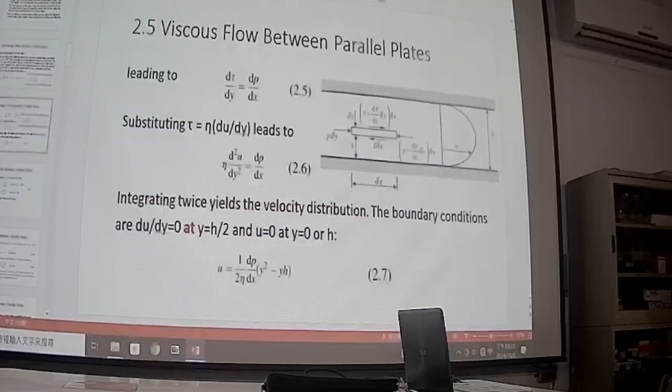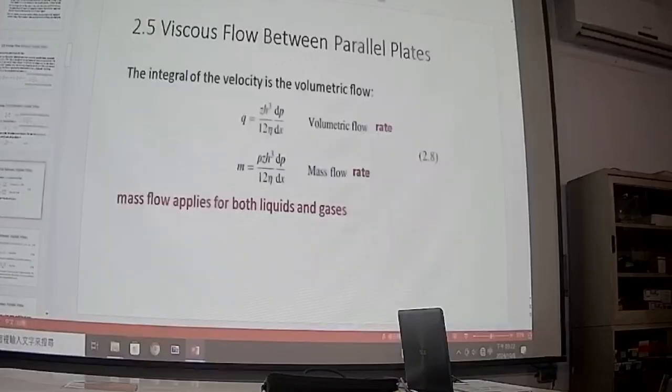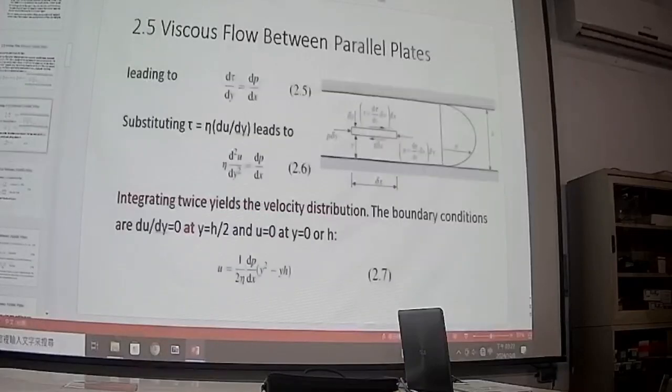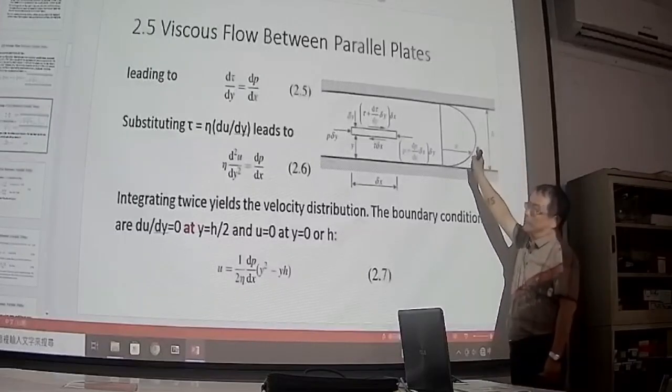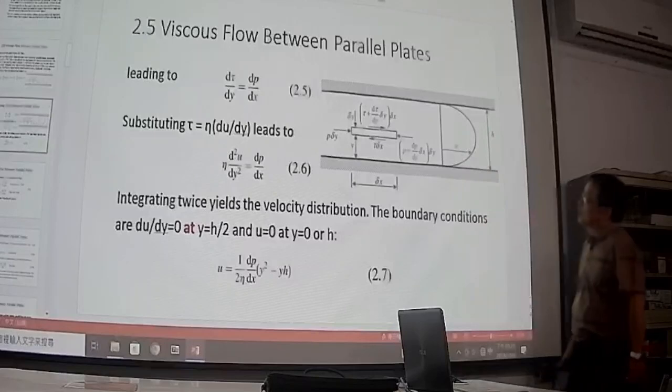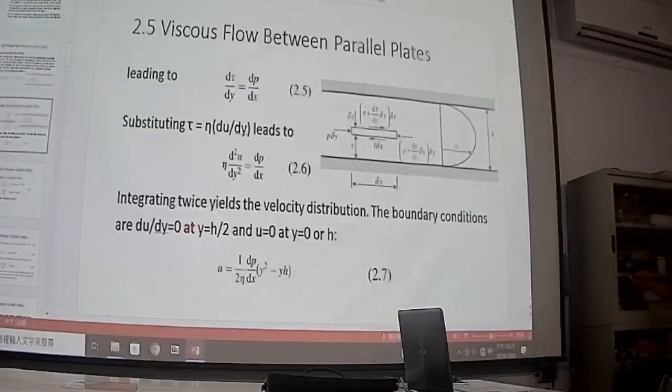So this is the velocity. We know the velocity. We know the cross-section area of the bearing head, this parallel plane cross-section.